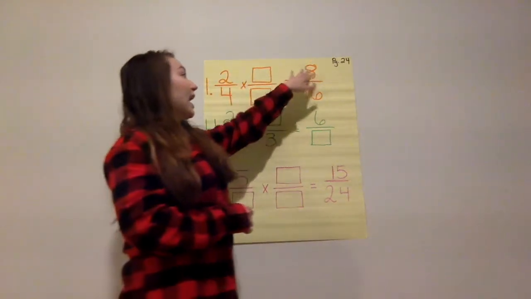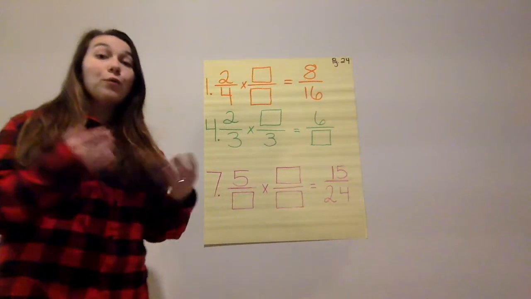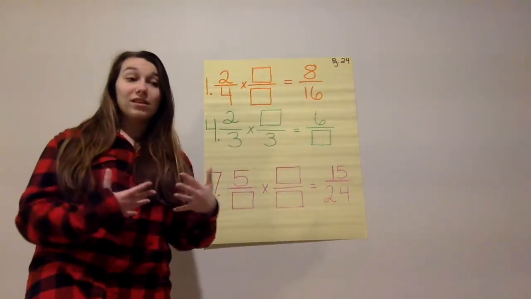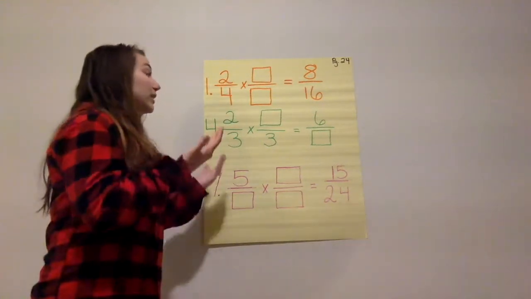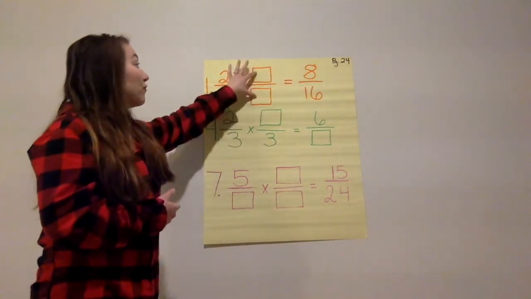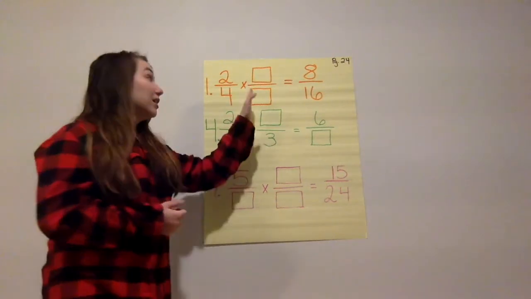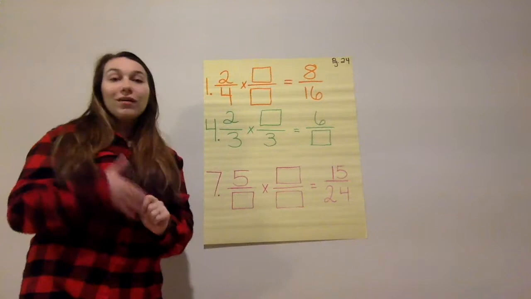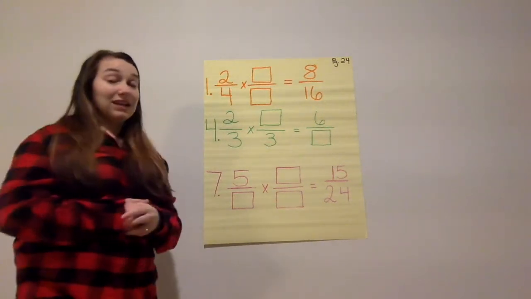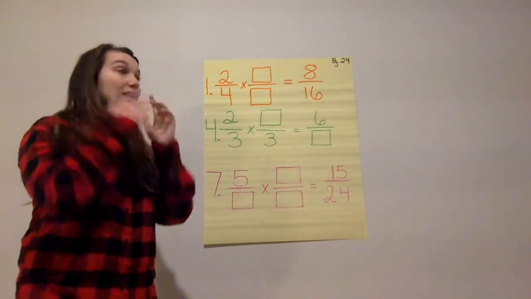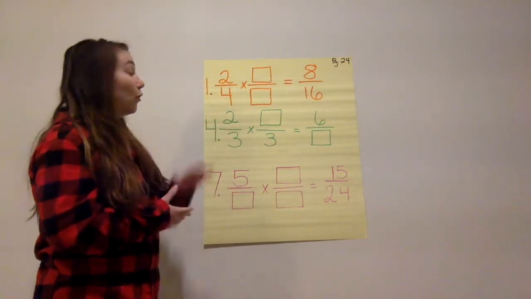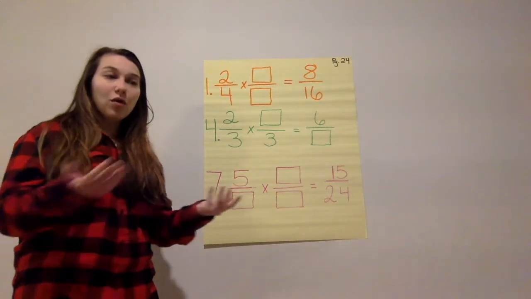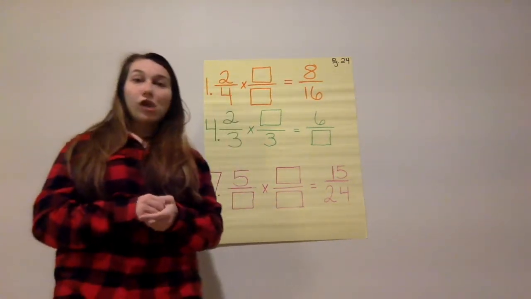All right, so if you look at question number 1, we have 2/4 times an unknown fraction equals 8/16. Well, we know that 2/4 and 8/16 are equivalent fractions, okay? So we just need to figure out what fraction we're multiplying by in order to get this other fraction. So we need to think about multiplying 2/4 by 1/2, okay? So what type of fraction makes 1/2?